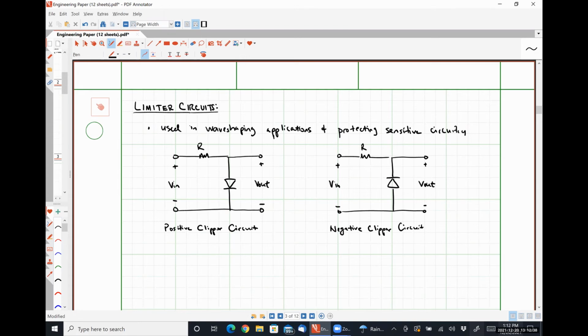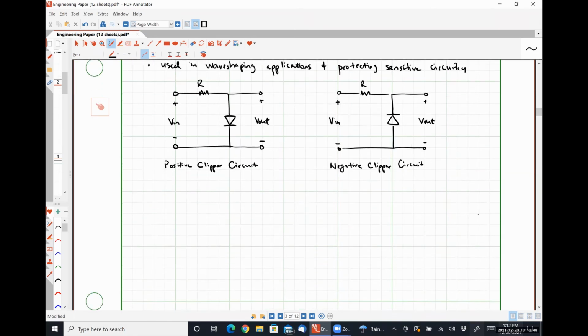All right. So let's analyze the behavior of our positive clipper circuit first, and we're going to use the constant voltage drop model. All right.